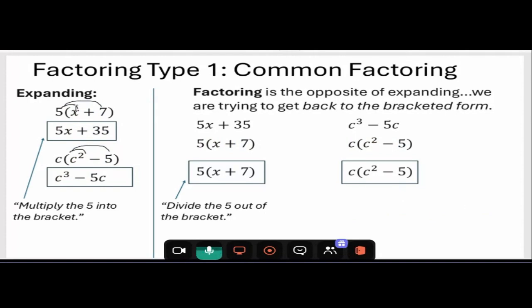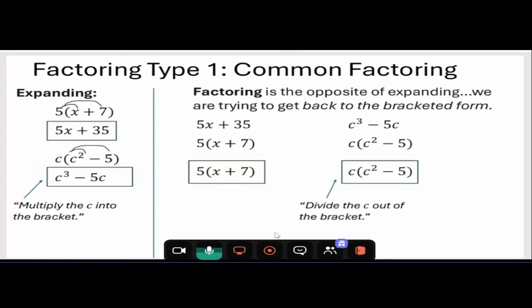So when we expand a bracket, we multiply the 5 into the bracket. When we go backwards and factor, we divided the 5 out of the bracket. Look at the x plus 7. It's 5x plus 35 with a 5 divided out of it. And the 5 comes out front. And you could re-expand that, and of course you get back to the same thing again.